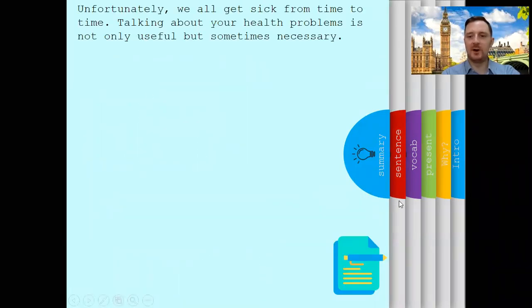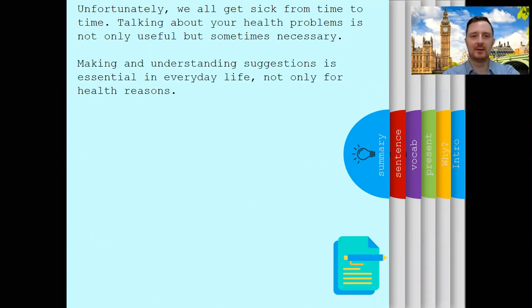Okay, so unfortunately, we all get sick sometimes, and talking about your problem or your health issue is not only a useful skill, but it's sometimes a necessary skill. It's quite important in life, okay? So making and understanding suggestions is essential, not only for health, you can also make suggestions about anything.